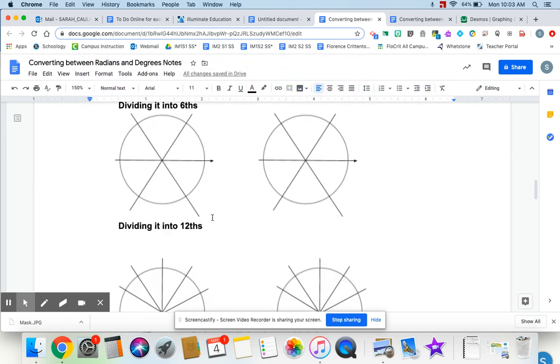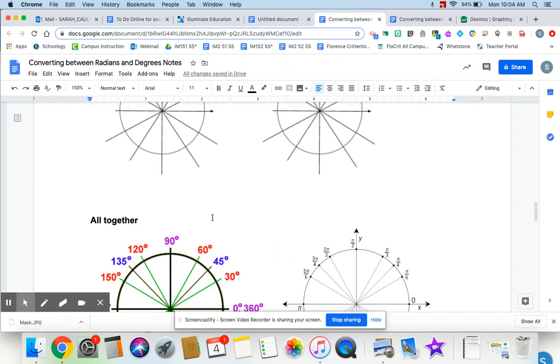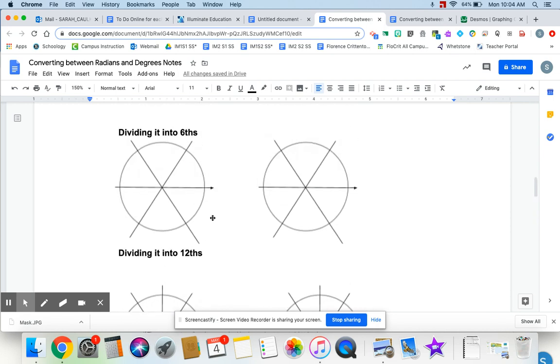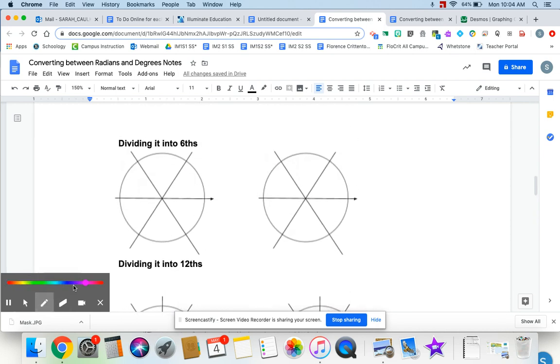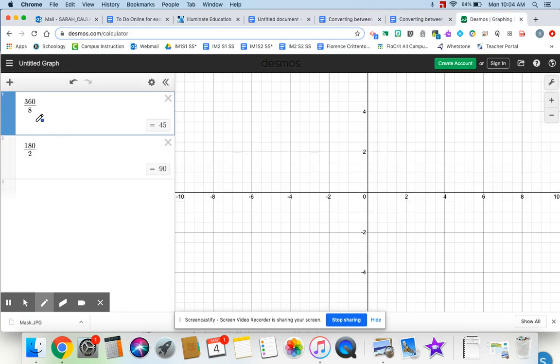Sadly, we can also divide it into 6 and into 12s. And then we can put it all together. So I'm going to try to go a little bit quicker. So if I'm dividing it into 6, that's 0 degrees. Why did it get thin? This would be 180. Here, I'm just going to divide it into 6.